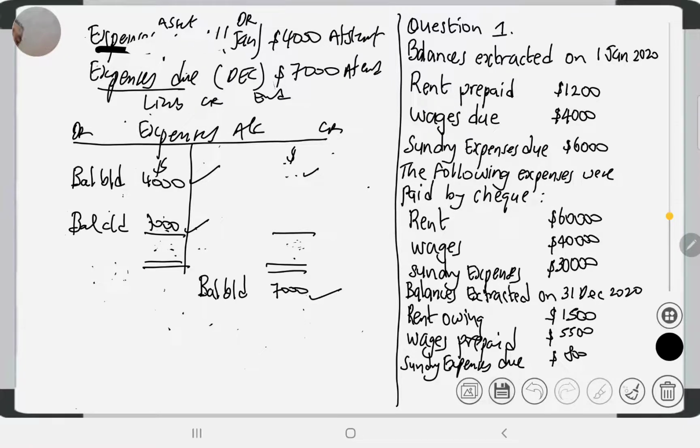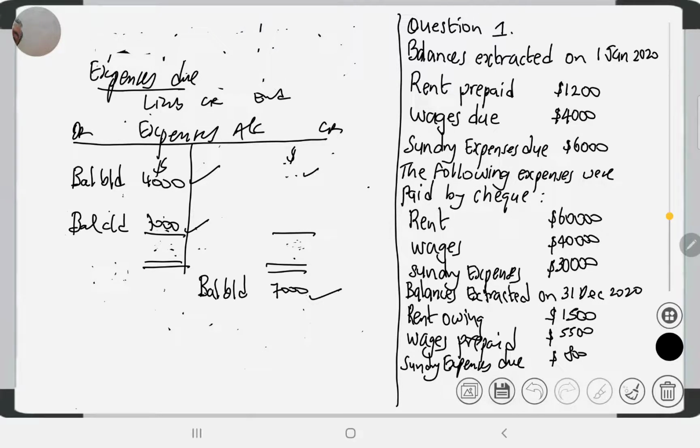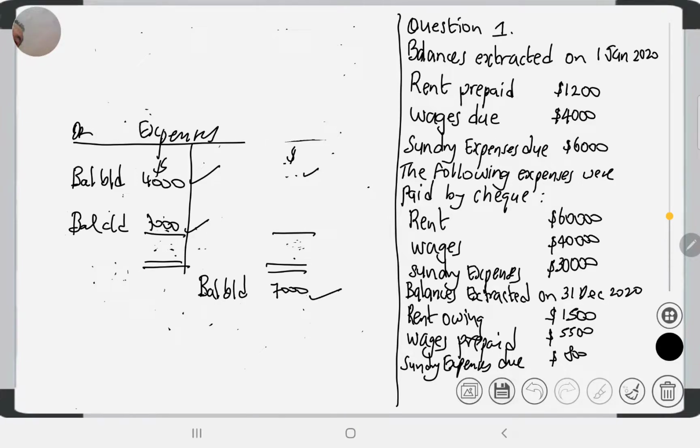How to prepare ledger accounts, expenses account, prepaid, expenses due, and so on. How to record balances. So for concerning ledger accounting, we will be given 3 information: balance at the start, payments during the period, and balance at end.